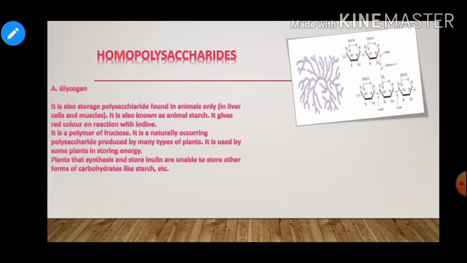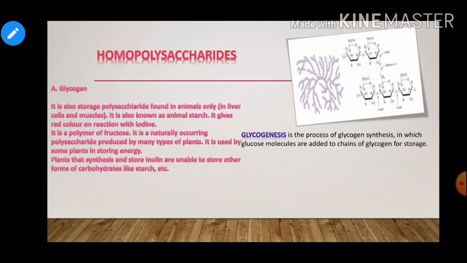Children, the process of formation of glycogen from glucose is known as glycogenesis. Glycogenesis is the process of glycogen synthesis in which glucose molecules are added to a chain of glycogen for storage.